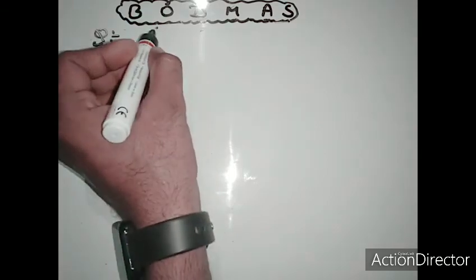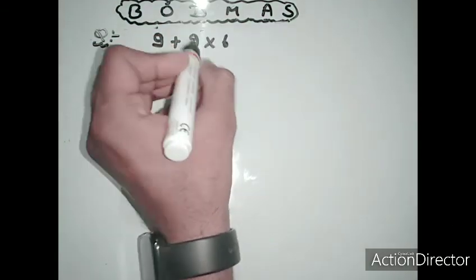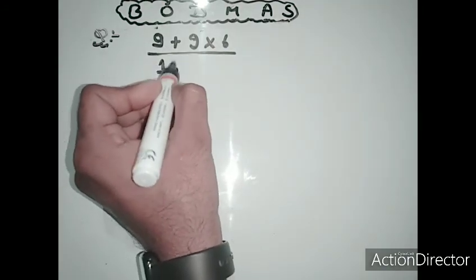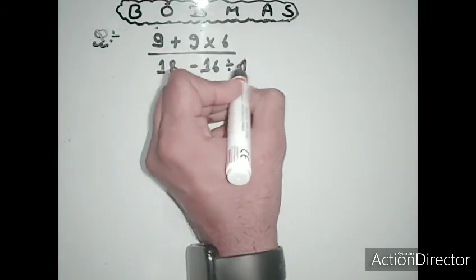Question here, 9 plus 9 multiplied by 6 upon 18 minus 16 divided by 4.